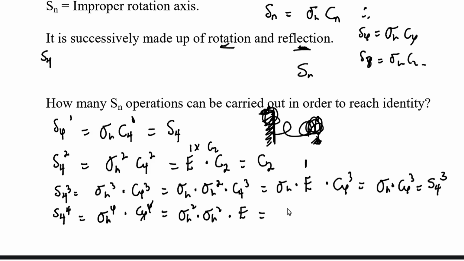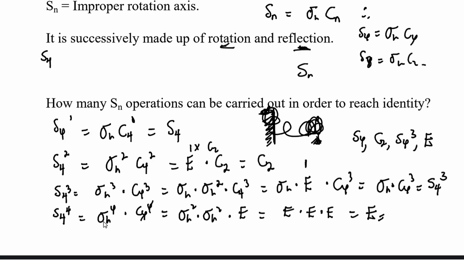So this one will give identity, identity, and identity. So basically it's going to be identity. So the distinct operations are basically S4, which is the first one here. The second one is C2. The third one is S43, and the last one is E, identity, right? So these are the distinct operations there.